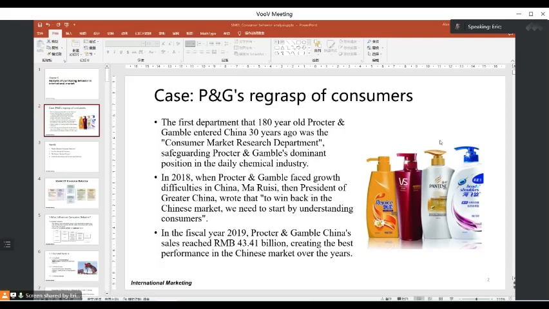But we know that it is a very good company, so it transformed very fast and reconsidered the consumer behavior of the China market. In 2018 the performance was not good, but the response of Procter & Gamble was very quick and very good.